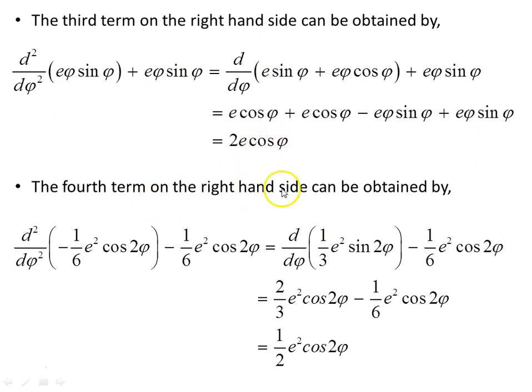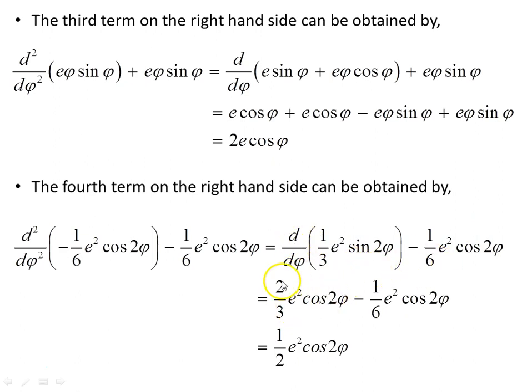And the fourth term on the right-hand side was this bit down here, the half e squared cos 2 phi. Bit of guesswork here, but take the second derivative with respect to phi, the ordinary derivative, of minus 1/6 e squared cos 2 phi, minus the same thing again, not differentiated. Differentiating once, we get 1/3 e squared sine 2 phi, minus what we started with.